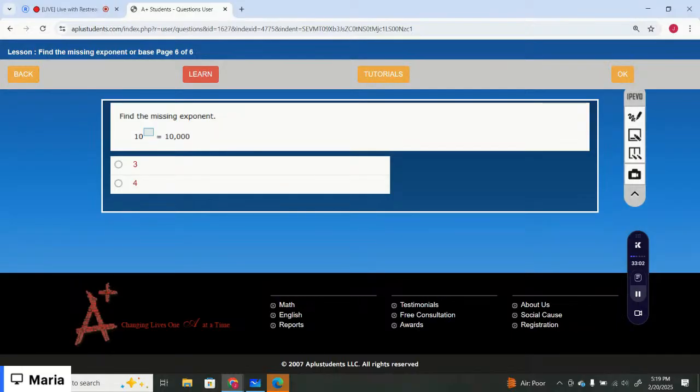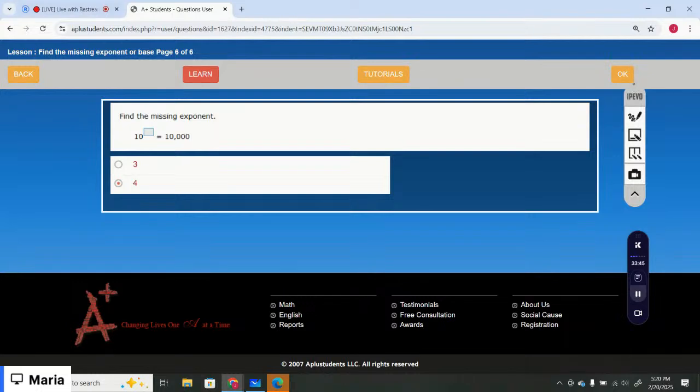Find the missing exponent. That is 10 exponent 4. Option number 2 is the correct option.